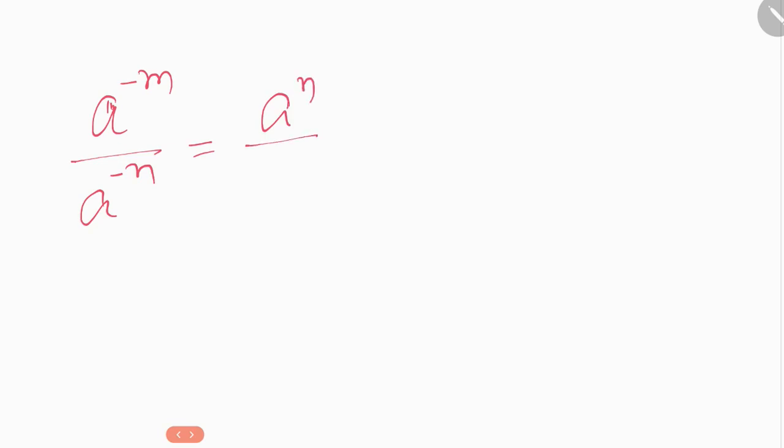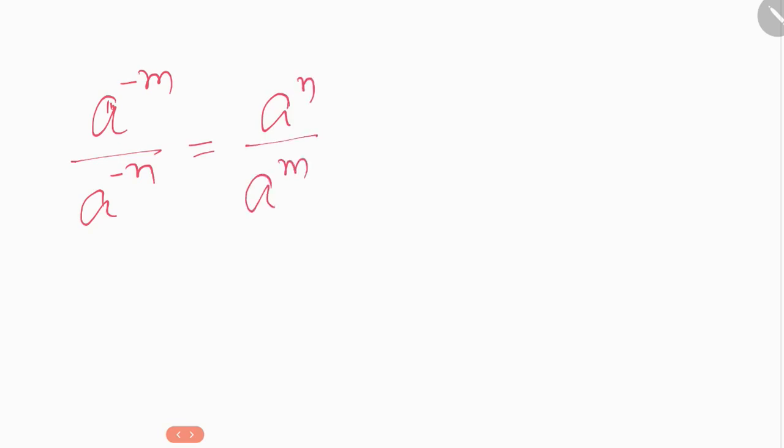Another one is the same kind of law. Here in this exponential form, both numerator and denominator have negative signs in their exponents, but the bases are the same. At that time, we can simply write a power minus n by a power minus m as a power m by a power n.